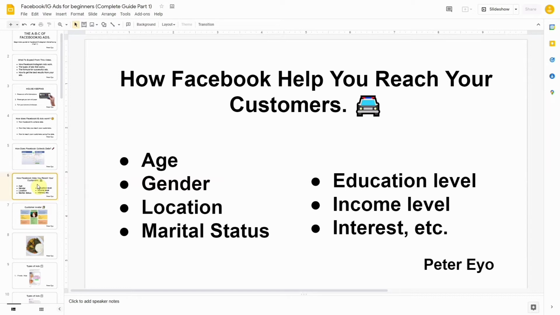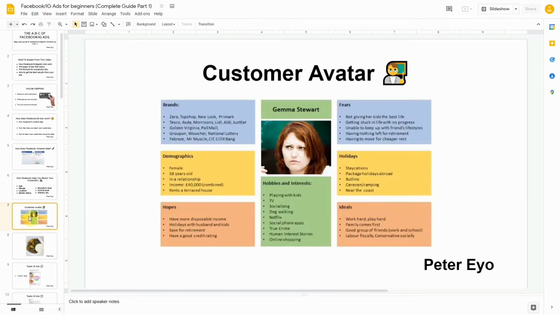A lot of data is collected: your age, gender, location, marital status, education level, income level, the kind of phone you use, your religion, your interests. But for you to be able to reach your customer, you need to have what we call a customer avatar. A customer avatar is a representation of who your ideal customer is.